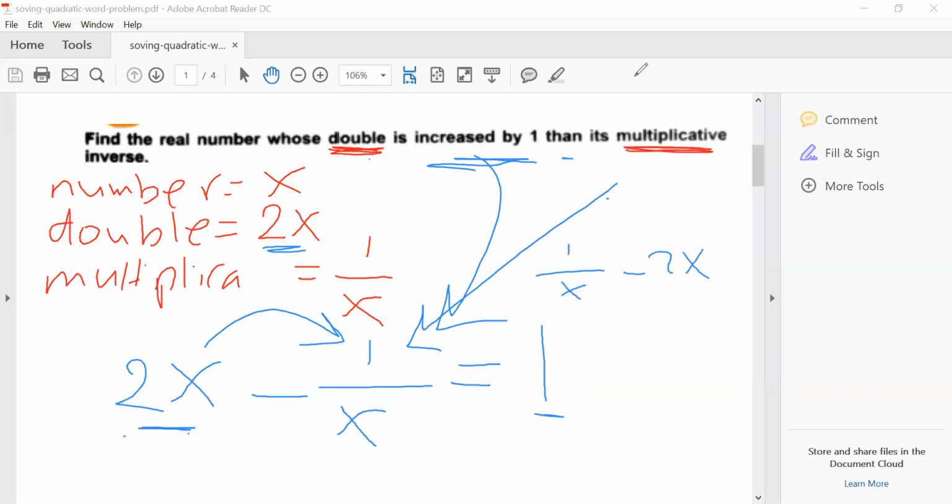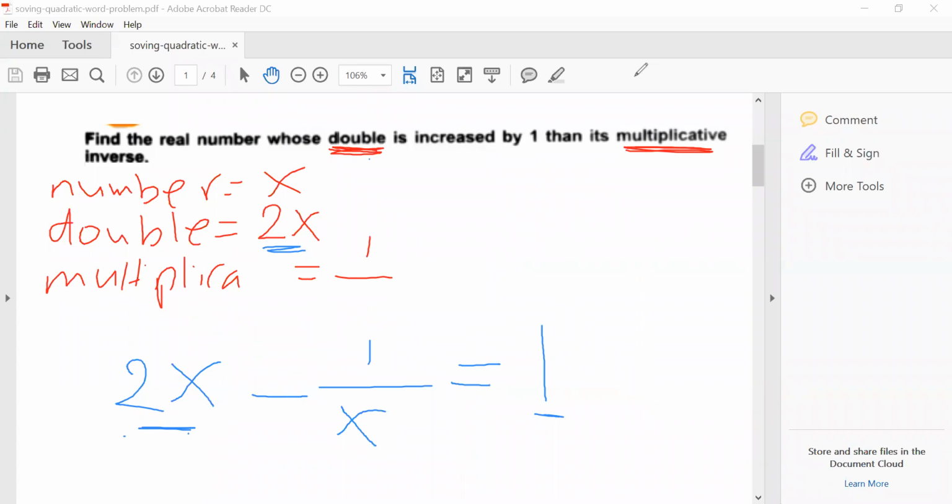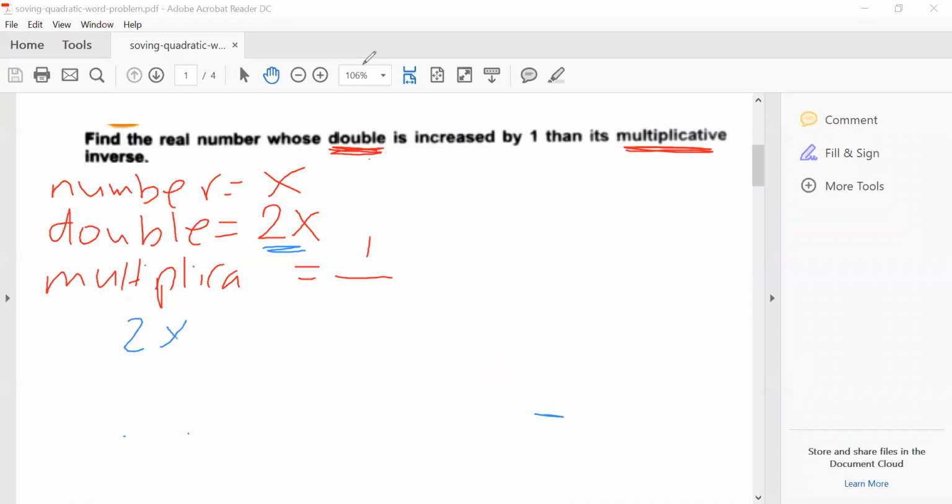What's big comes at the beginning. Okay? So I have translated. A very important point: I chose this problem because I have x as a denominator. I write it again in order to find place to write: 2x minus 1 over x equals 1.